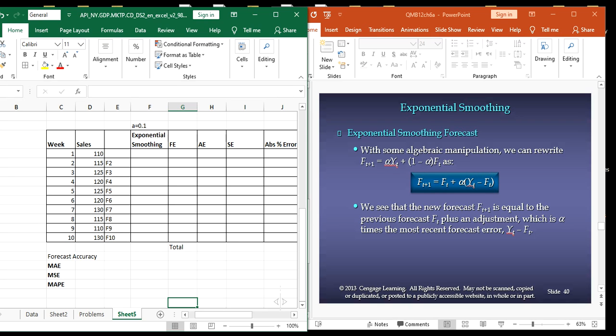If alpha equals 0.1, then 1 minus alpha will be 0.9.